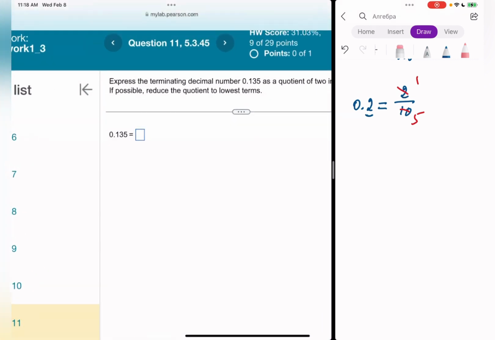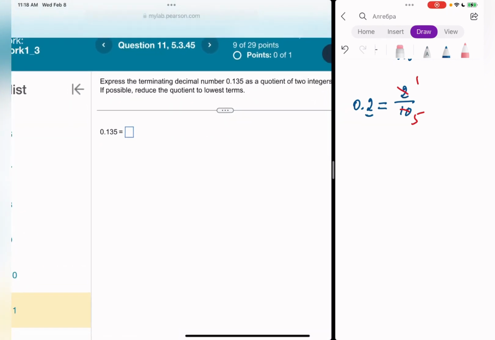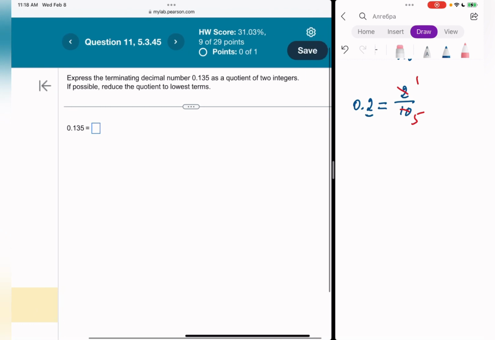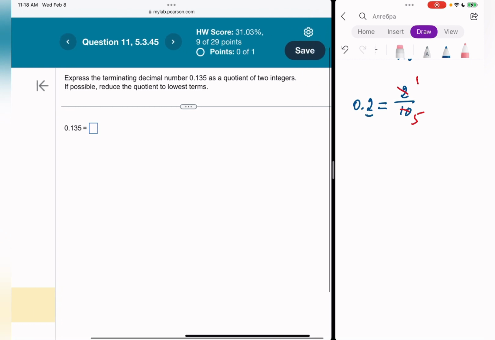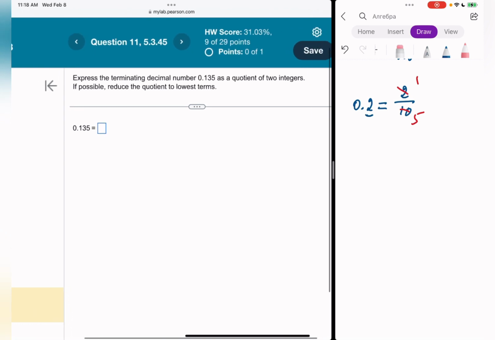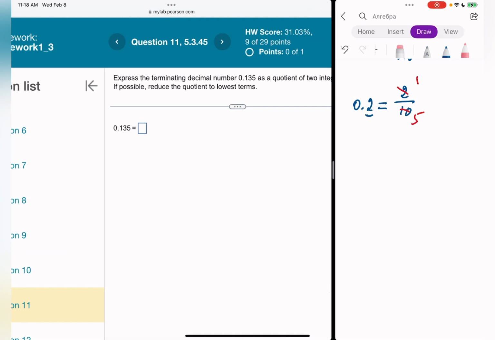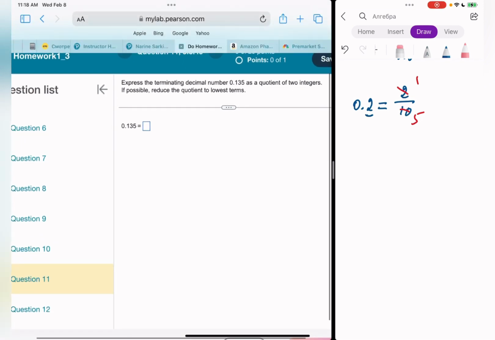Okay, express the terminating decimal number 0.135 as quotient of two integers. If possible, reduce. Okay, quotient meaning division or proportion, same thing, division. So we are getting 0.135.